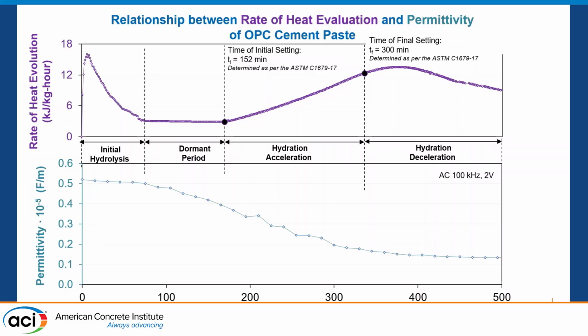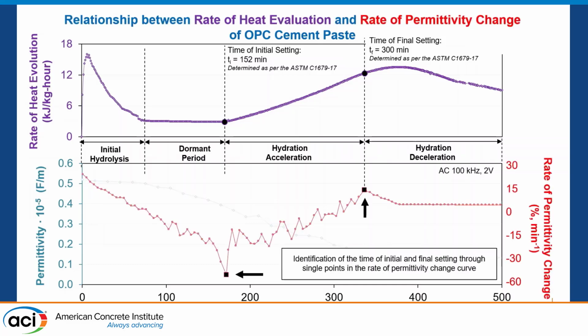So the material exhibits a lower ability to store electrical energy that we provide through the impedance analyzer. So from this curve, are we able to identify changes in the hydration kinetics? Of course, no.